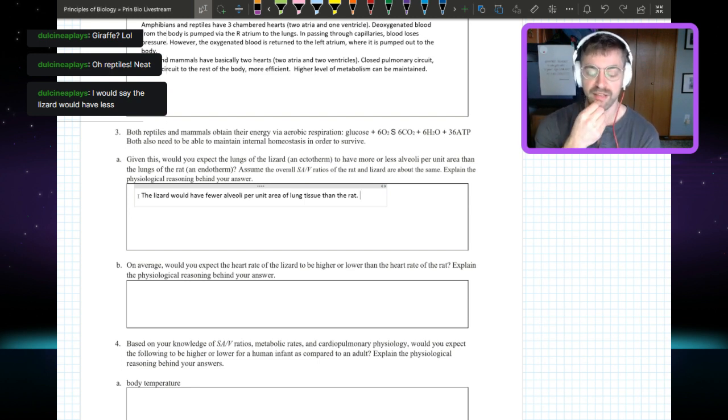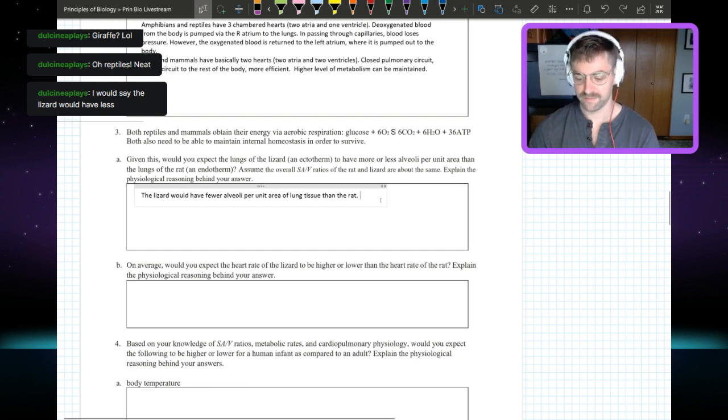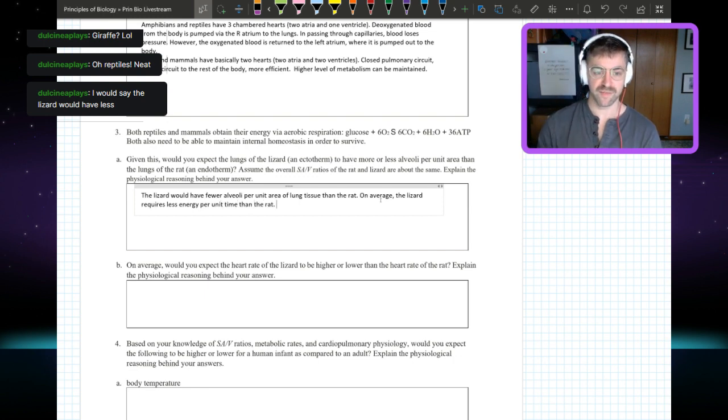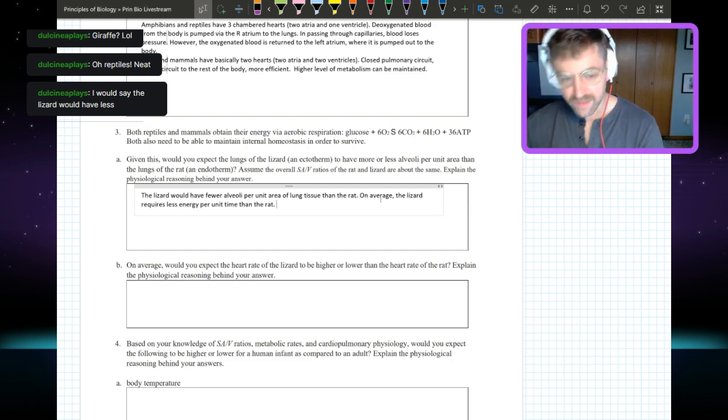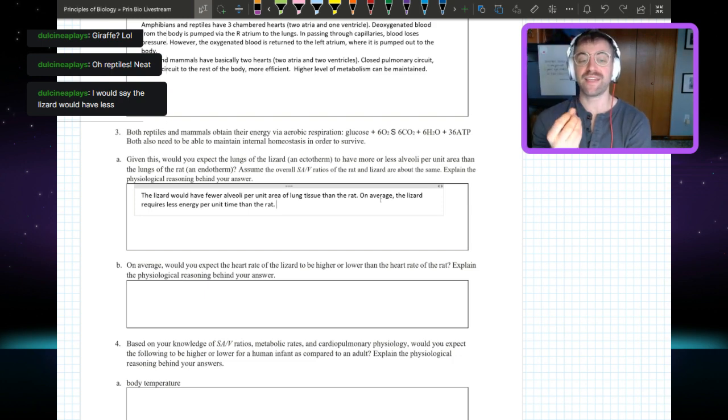On average, the ectothermic lizard requires less energy per unit time than the rat. So similar to humans, the rat's normal body temperature is generally higher than the environmental temperature. Its enzymes are functional at this higher temperature. So maintaining the higher body temperature requires higher levels of cellular respiration, and as a result, higher levels of oxygen and food intake.